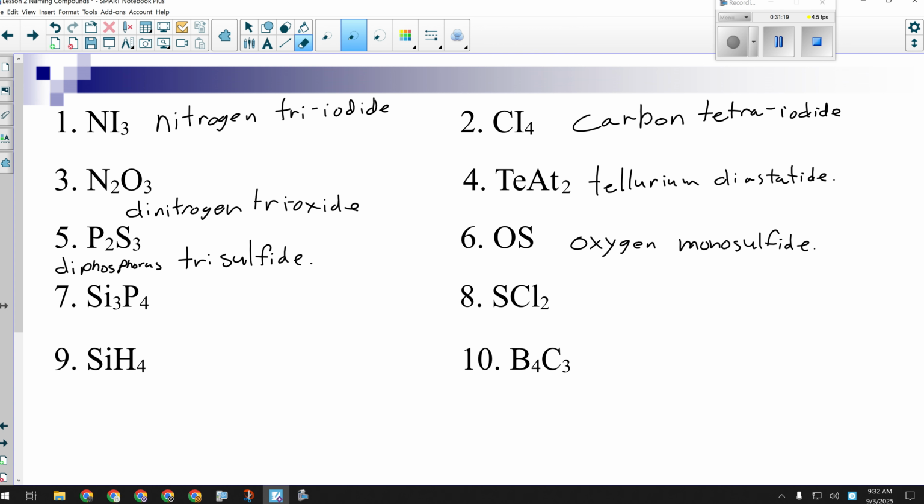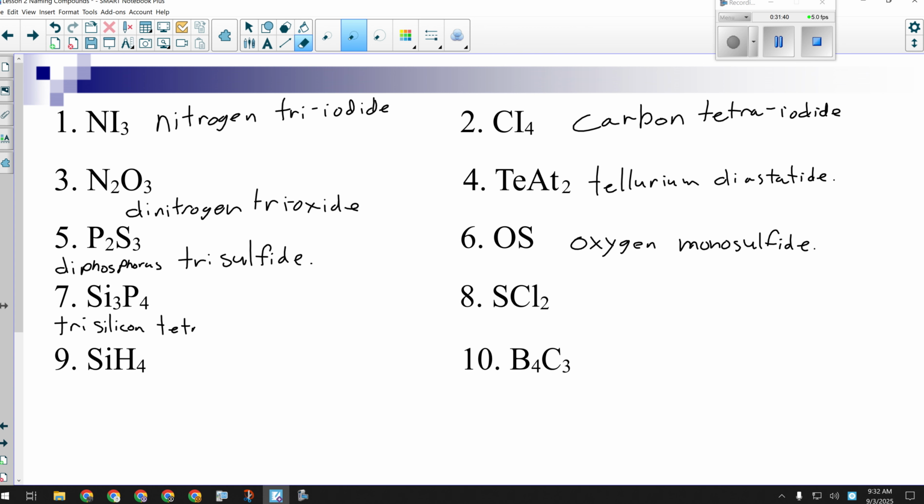For number 7, what's Si? Silicon. Do I need a prefix? What's the prefix for 4?